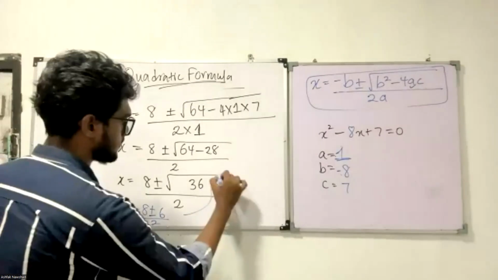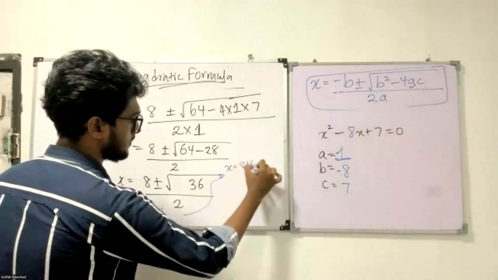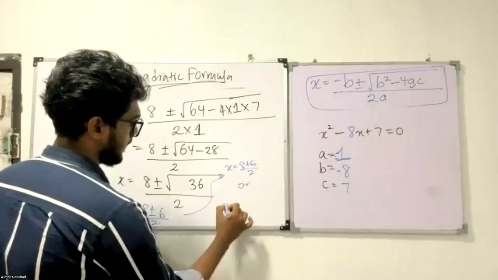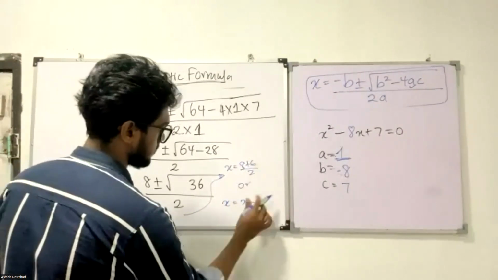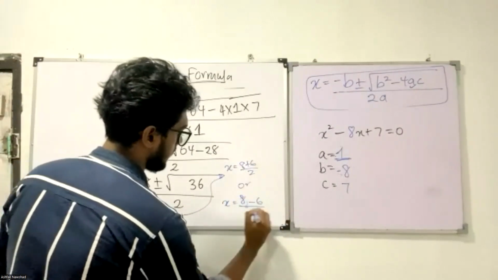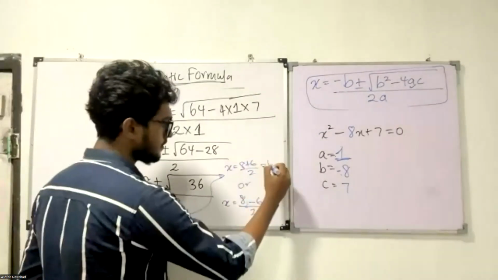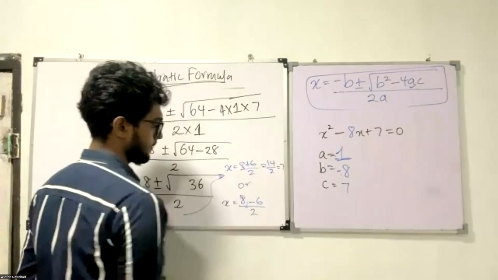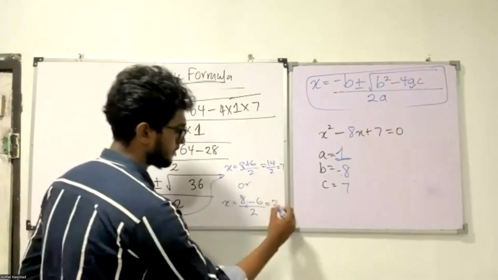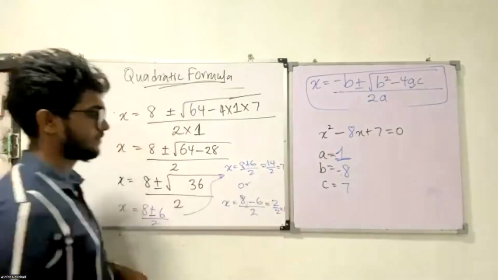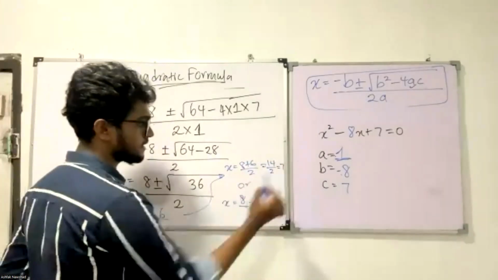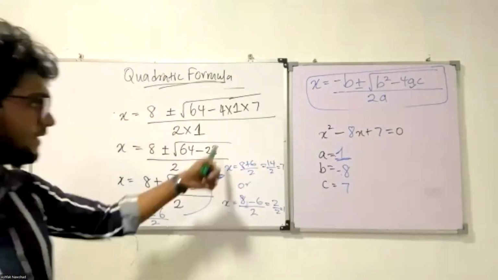So there are two answers. x is 8 plus 6 divided by 2, or x is 8 minus 6 divided by 2. So 8 plus 6 is 14, divided by 2 is 7, or else 8 minus 6 is 2, 2 divided by 2 is 1. We get two answers for x: x equals 7 or x equals 1. Is this clear?